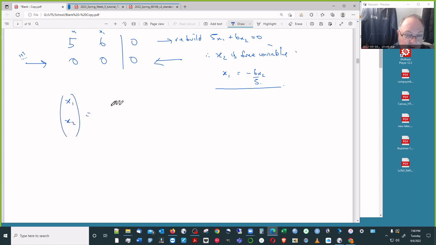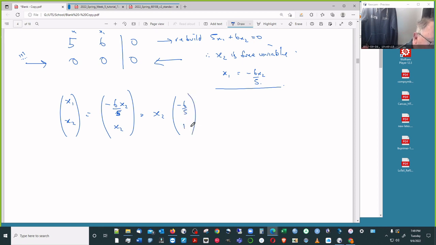We've established that they have values, and x1 is expressed in terms of x2, and x2 can be brought out. Minus 6 on 5 and 1.